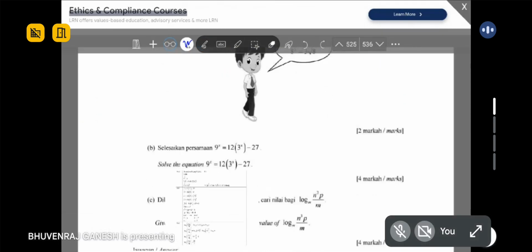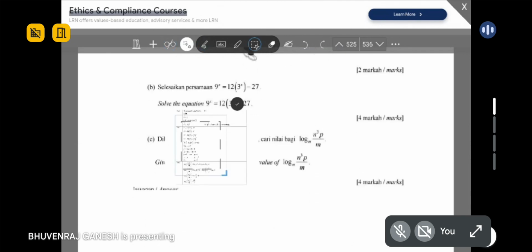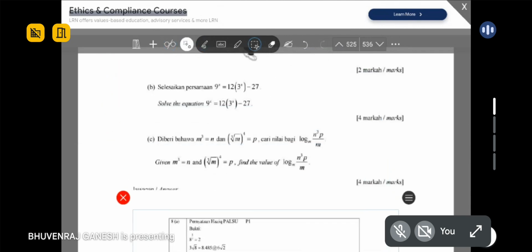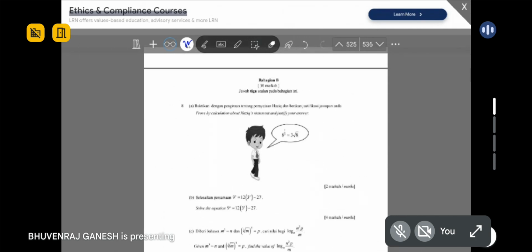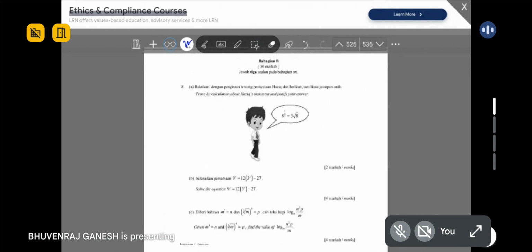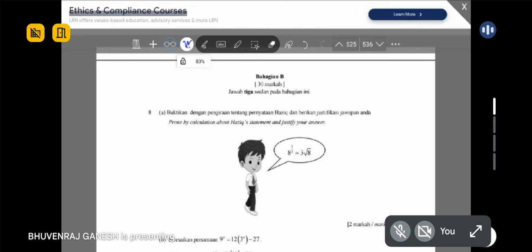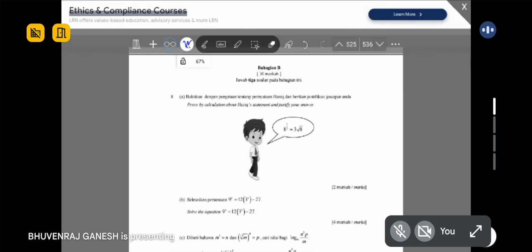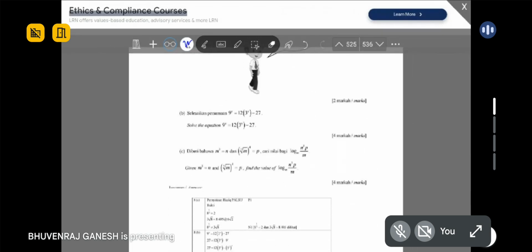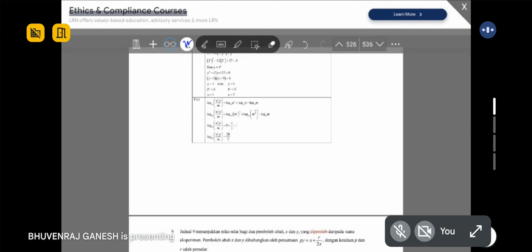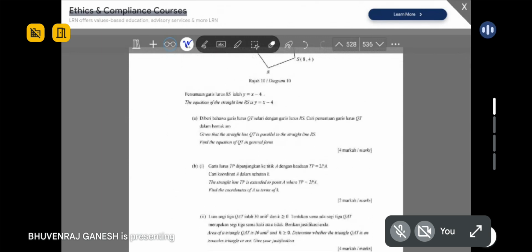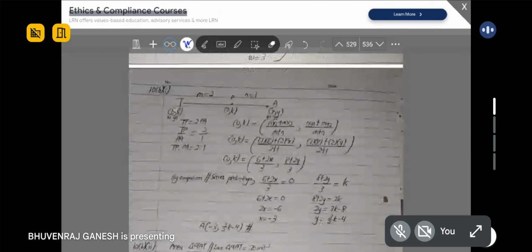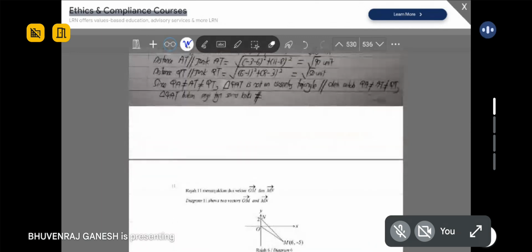Okay, so now we come to section B, guys. Bahagian B. For Bahagian B, I need your help to choose only 3 questions. You see all the questions, guys. I will only discuss 3 because you only need to answer 3 in the exam. Hanya jawab 3. So number 8 is on indices, number 9 is linear law, number 10 is coordinate geometry, and number 11 is vector.